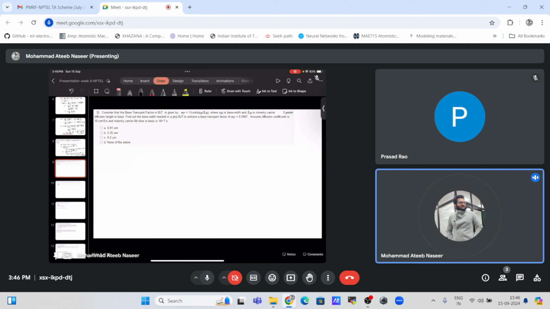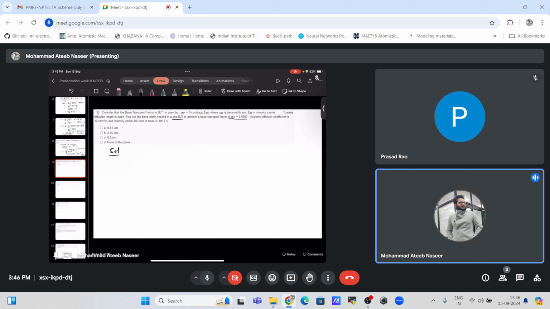We have to find the base width in a PNP BJT to achieve a transport factor of 0.9967. The diffusion coefficient is given to be 10 centimeter square per second, and the minority carrier lifetime in the base is given to be 10 to the power of minus 7 second. So it is simply a mathematical problem, not more than that.